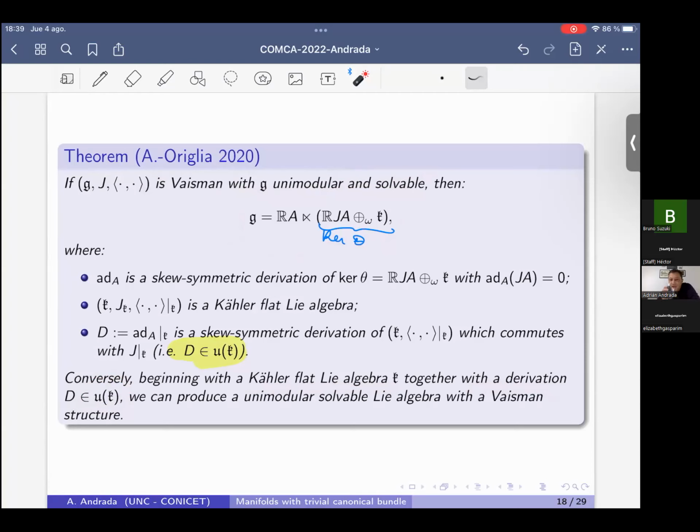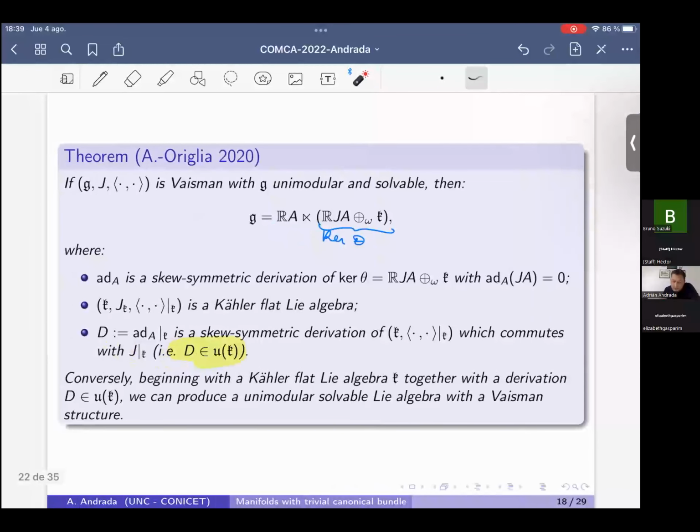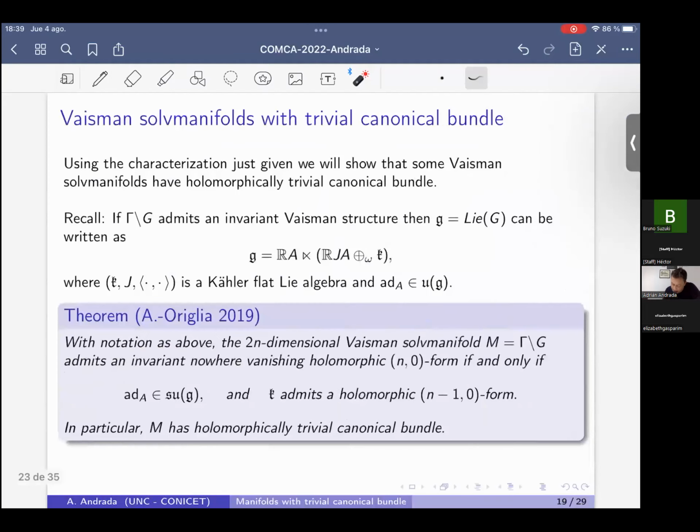The question now is whether one of these examples of manifolds equipped with one of these invariant Vaisman structures can have the trivial canonical bundle, and we were able to obtain this.